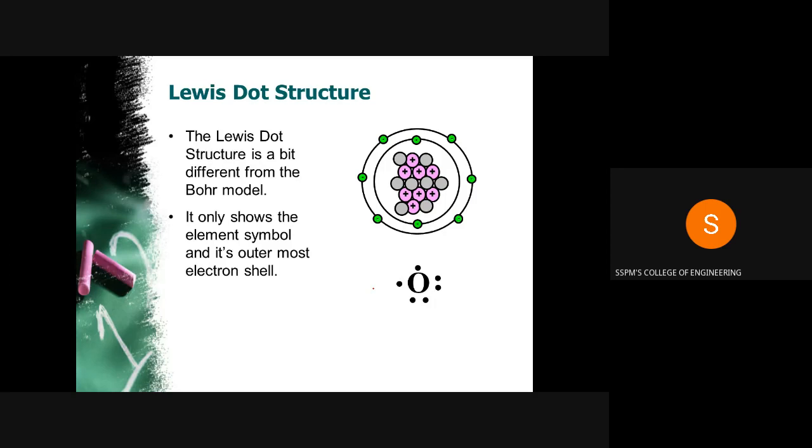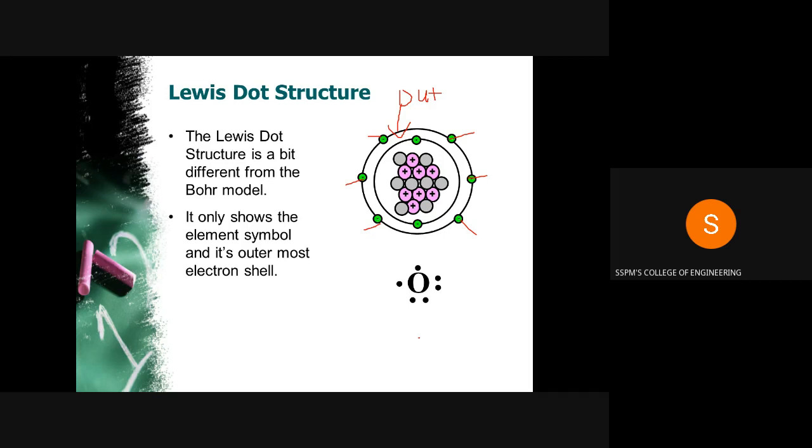This given one is for oxygen. Oxygen has a total of 6 electrons in its valence shell. The outer orbital is called the valence shell. How many electrons are present? 1, 2, 3, 4, 5 and 6. So 6 electrons are present in the valence shell.